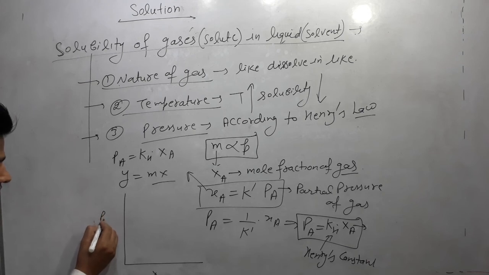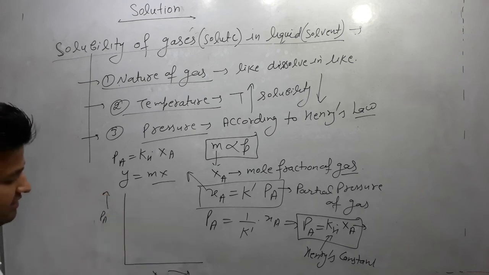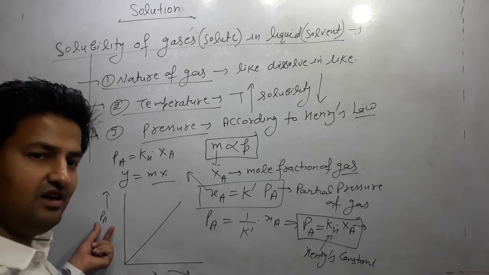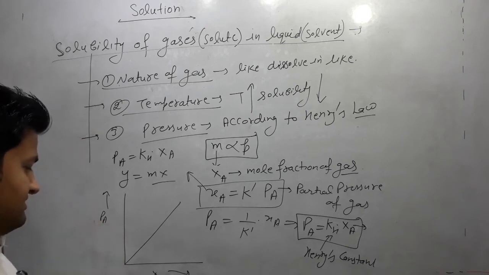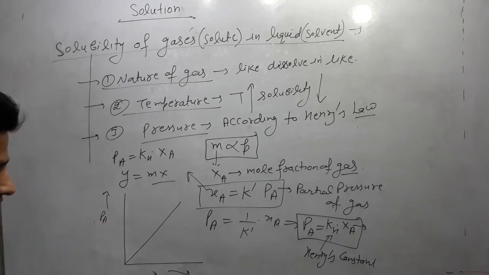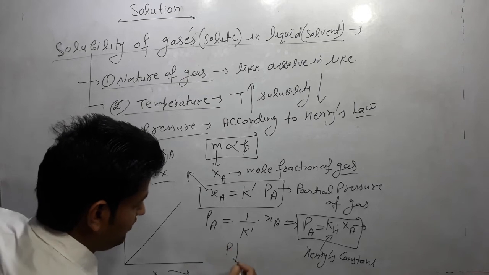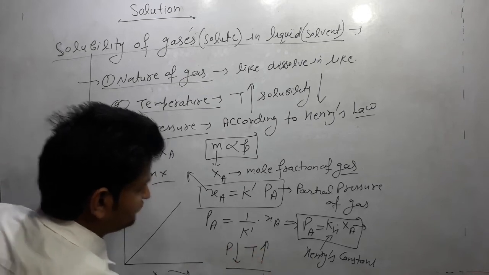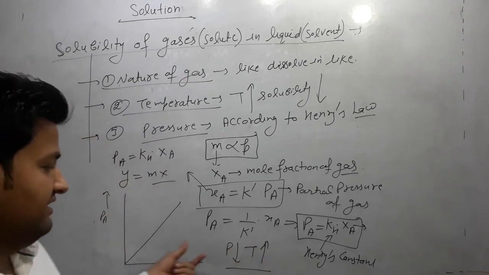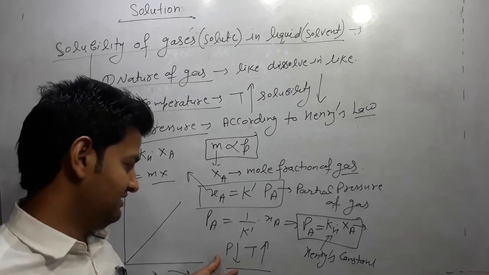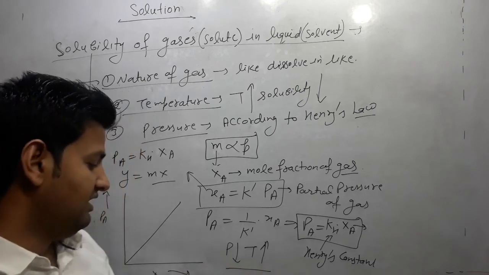It comes out to be a straight line, meaning with increase in the partial pressure of the gas, the mole fraction also increases. Henry's law is applicable when the pressure of the gas is low and temperature is high.